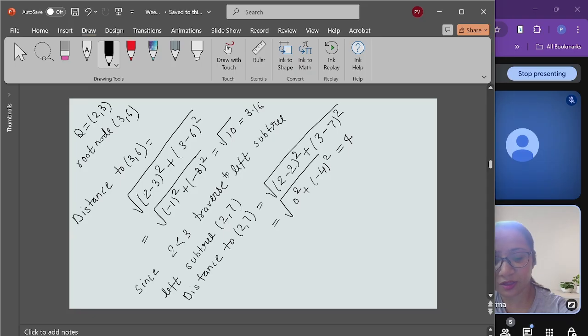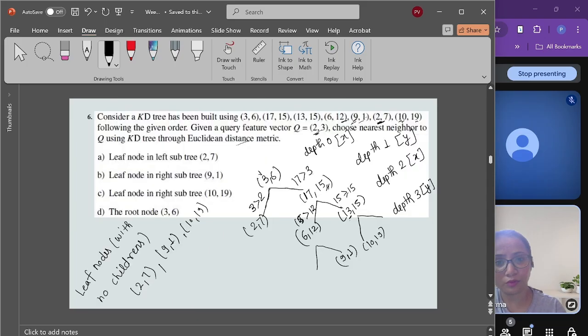So the splitting plane for 3 6, that is our root node. So traversing, our next nodes are which ones? 17 and 15, right? So first check with 17 and 15.